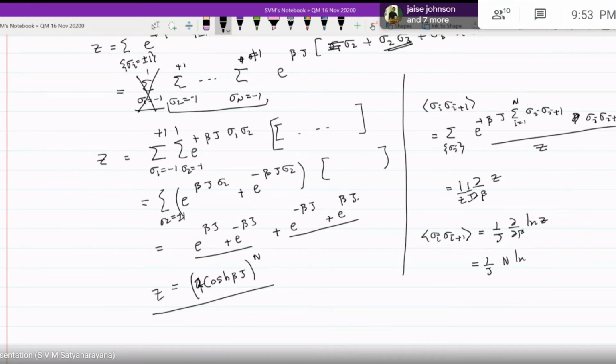Which is equal to 1/J into the logarithm of Z, which is N logarithm of, forget about the 4, cosh of θ. So that is equal to 1/J into N into 1/cosh(θJ) into sinh(θJ) into J. So this J will cancel.